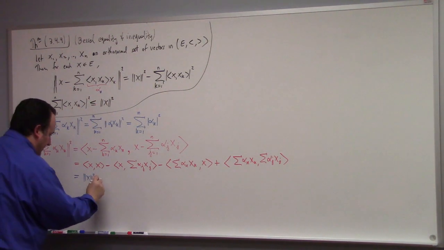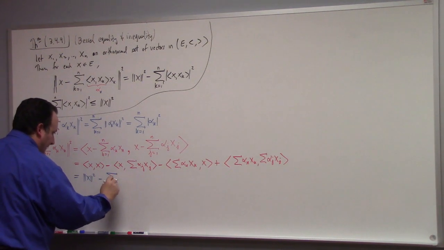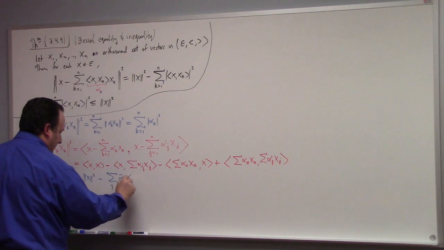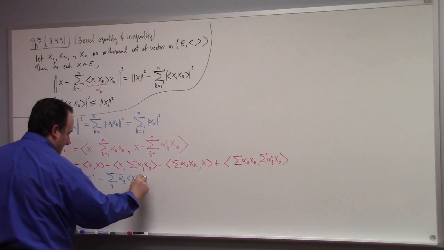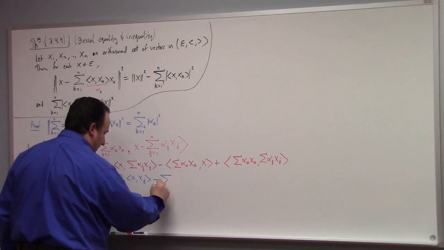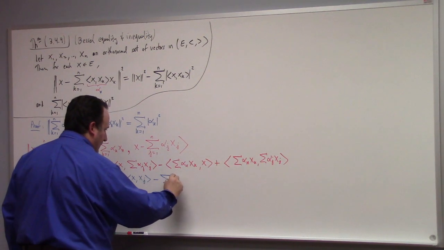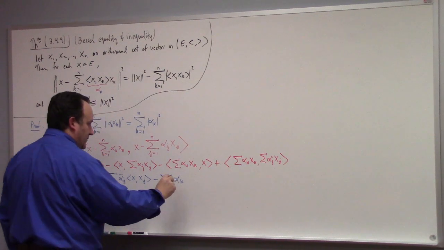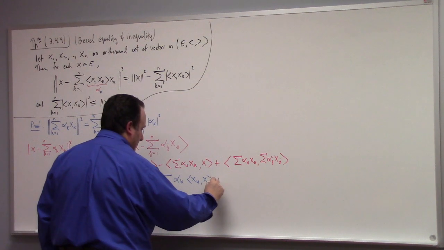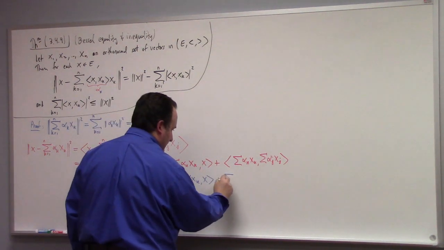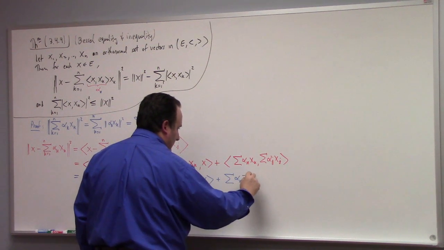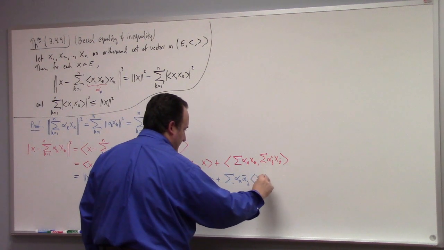As you pull the sum out, sum over j, that's going to be alpha bar j, then we have the inner product of x with xj. Okay, that's that one. And then we have minus the sum over k of alpha k of xk with x. And over here, I've got the sum of alpha k, alpha bar j, xk with xj.